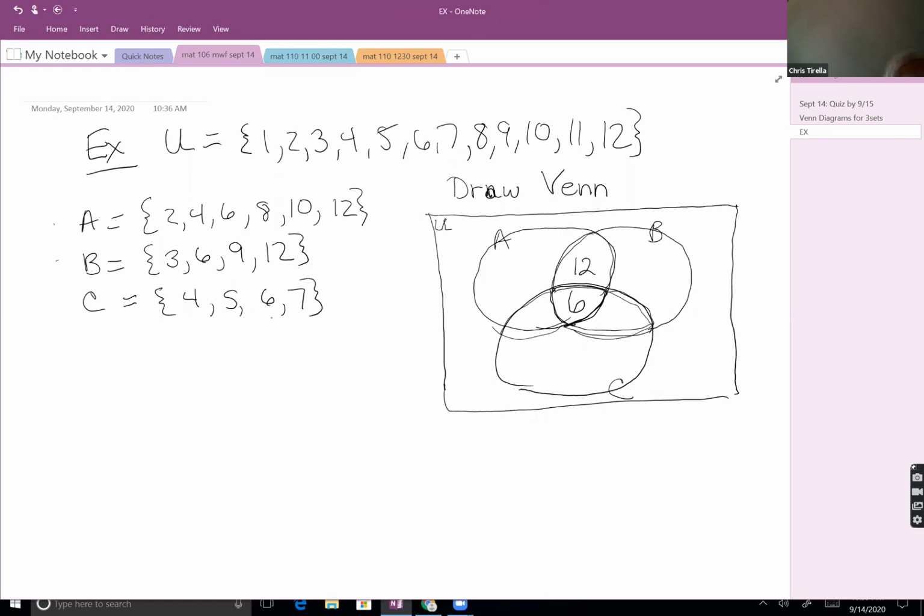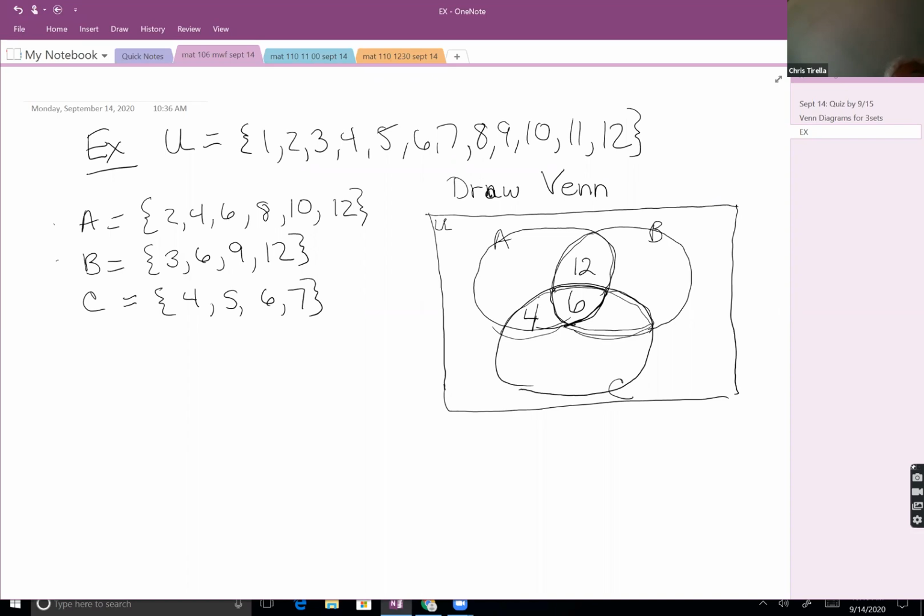It's in there already. Do they share anything else? No. So we'll leave that empty. And then over here, what does A share with C? 4 and 6, but again, 6 is in there already, so there's no need to repeat.